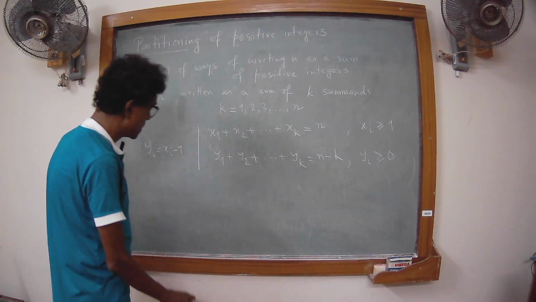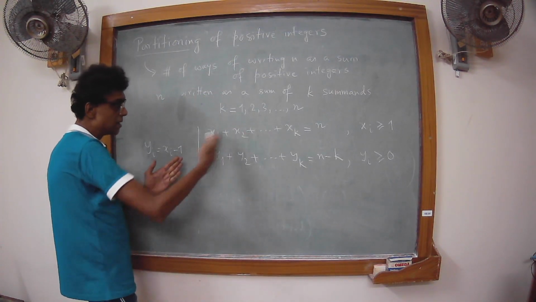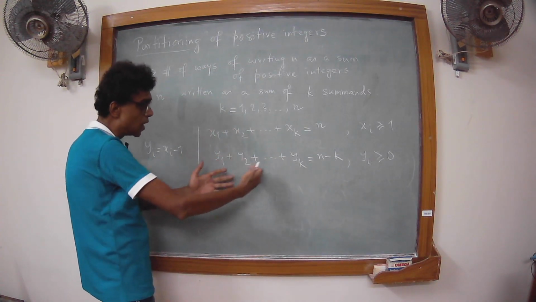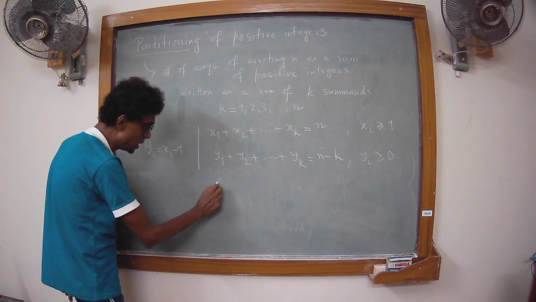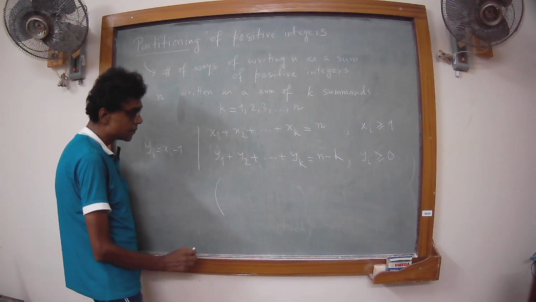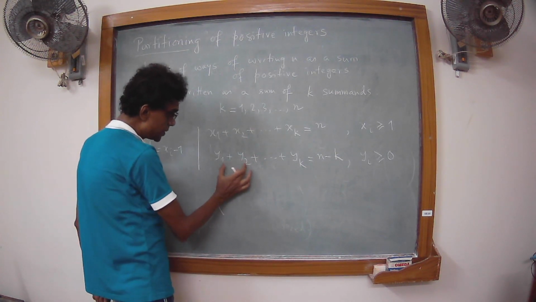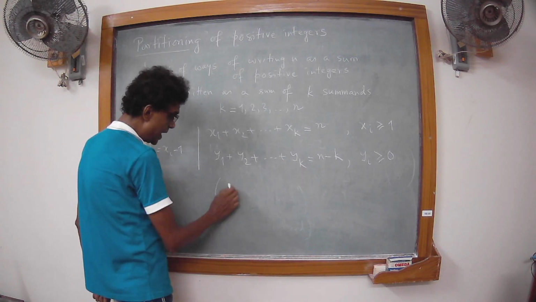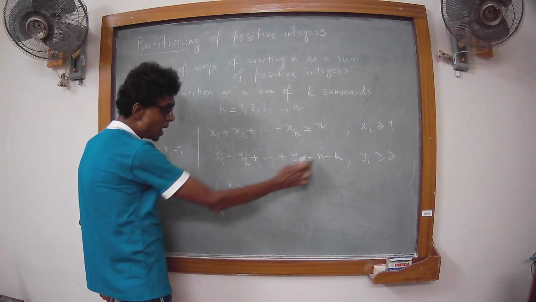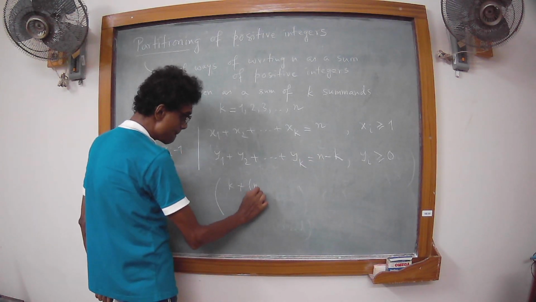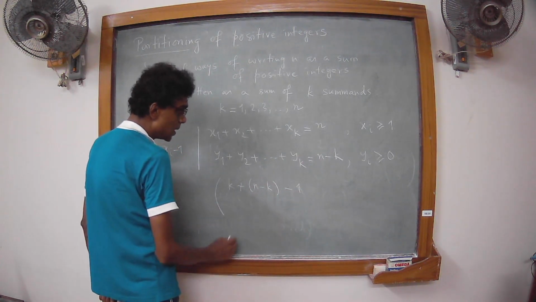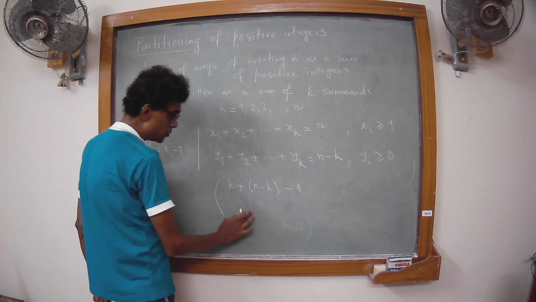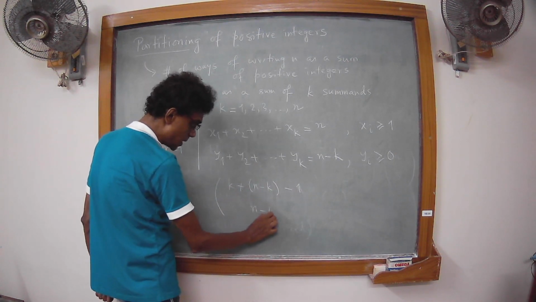So, the number of solutions of y1, y2 up to yk is therefore, by that formula, in this case, n is k, and r is n minus k.